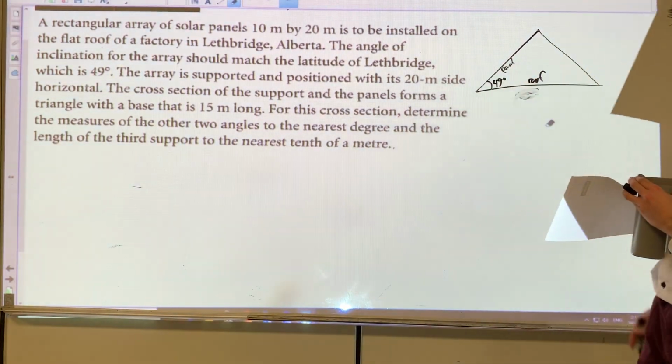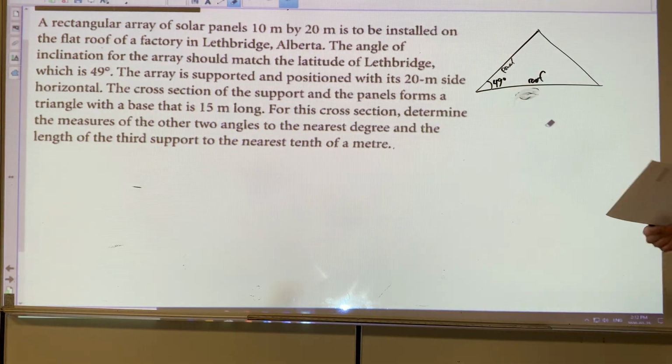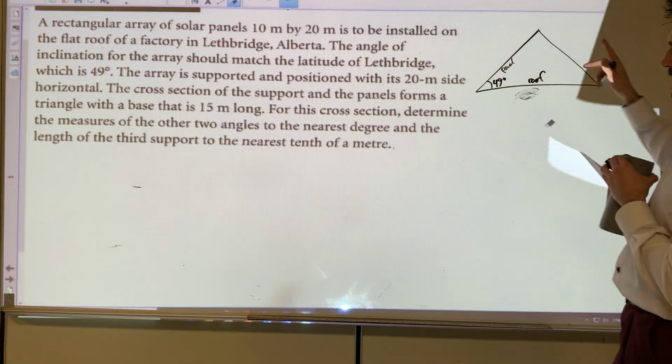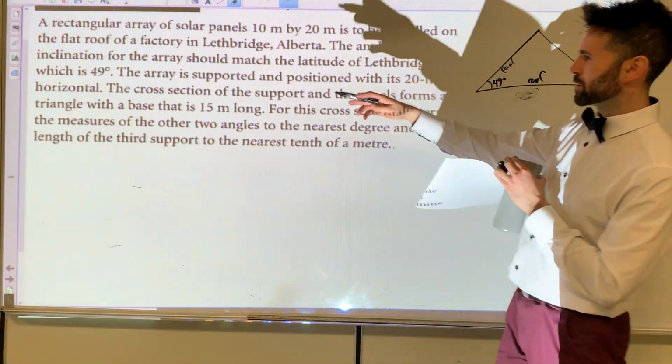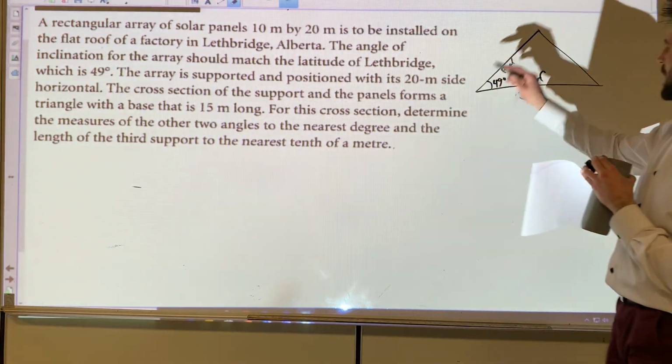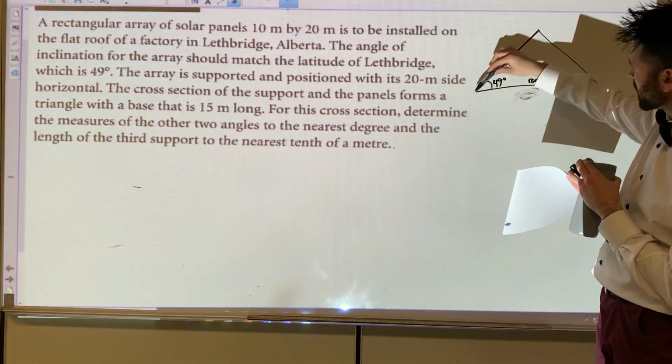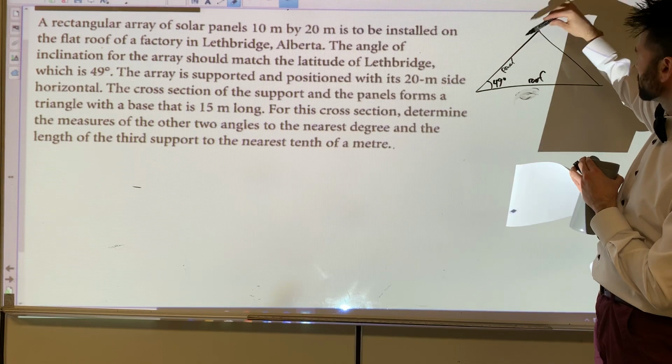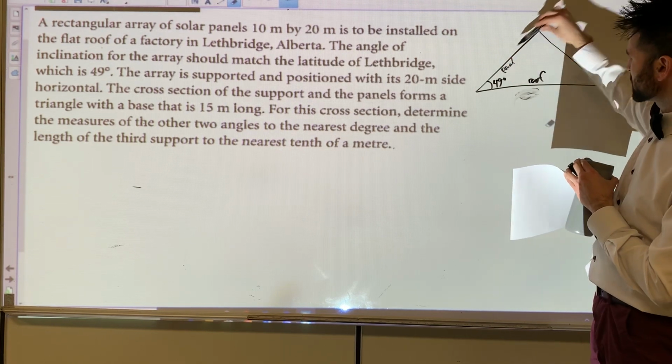Good. Okay. So what do we know about this side? Do we know how long that side is? It says the 20-meter side is positioned horizontal. That was the part we had a huge debate about last time we did this. These panels are rectangles that we're going to put on top of this, and the debate was, is it 10 meters this way or 20 meters?